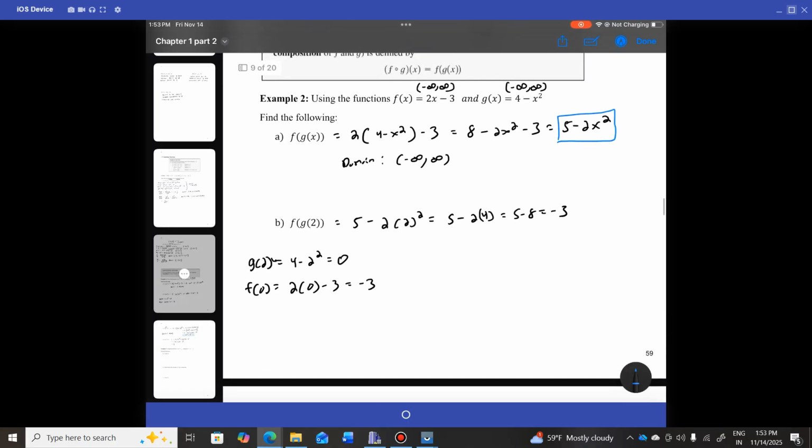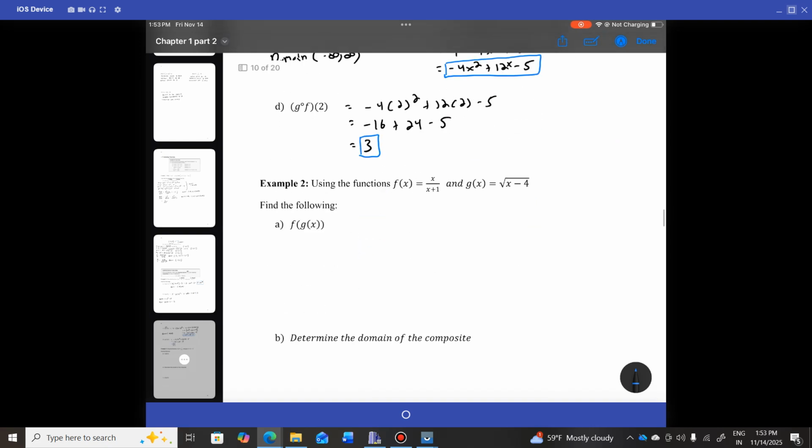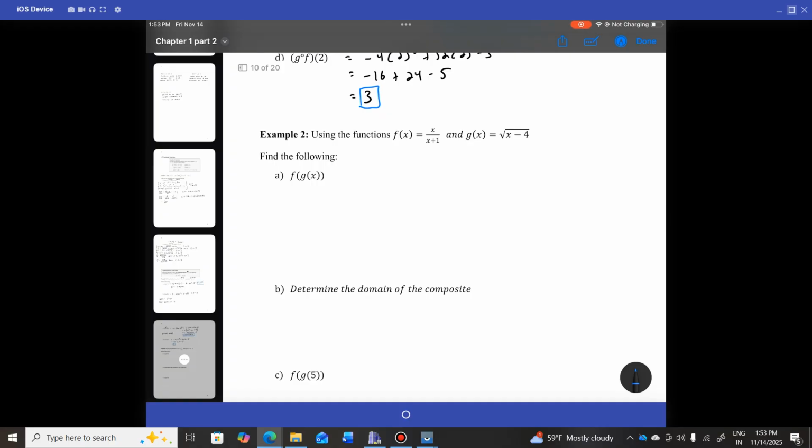And we can also see that the values evaluated at 2 are very different. Negative 3, and then this one's a positive 3. Most of the time that's going to be the case. We'll also look at when it's not, because it's kind of a special case, which is going to be the next section when we get into it.